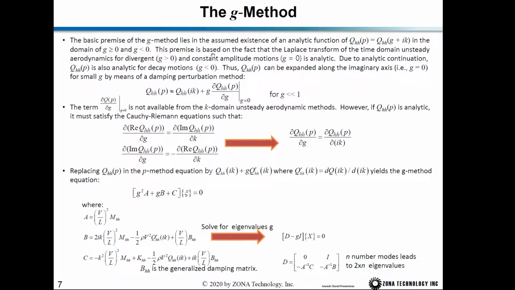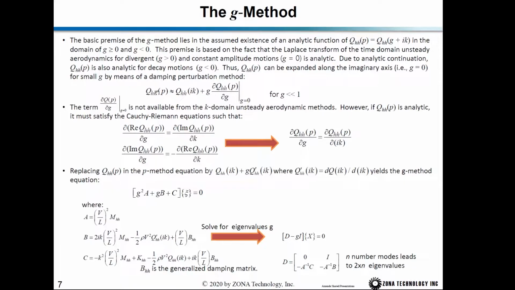This premise is based on the fact that the Laplace transform of the time domain unsteady aerodynamics is analytic for divergence, when g is greater than 0, and for constant amplitude, when g is 0. Due to analytic continuation, the Laplace domain GAF is also analytic for decay motion, where g is less than 0. Therefore, the Laplace domain GAF can be expanded along the imaginary axis from g equals 0 by a small g by means of a damping perturbation method.